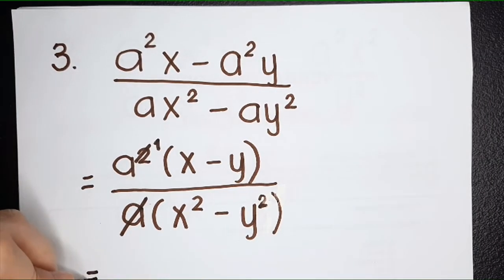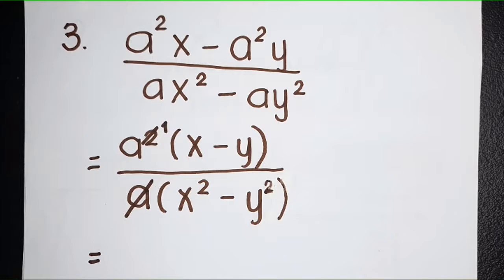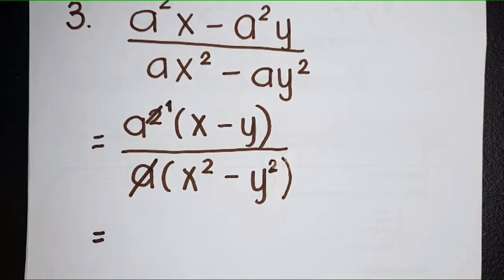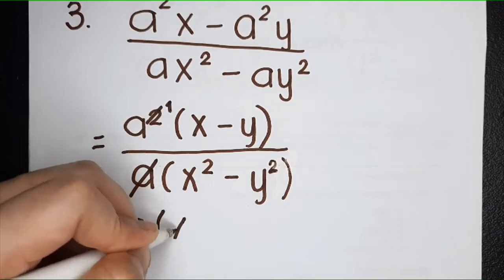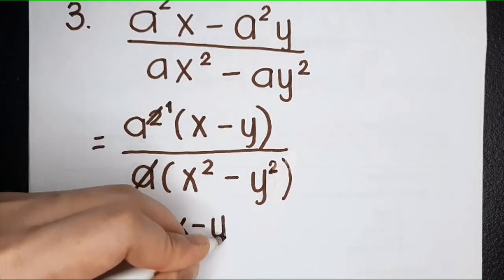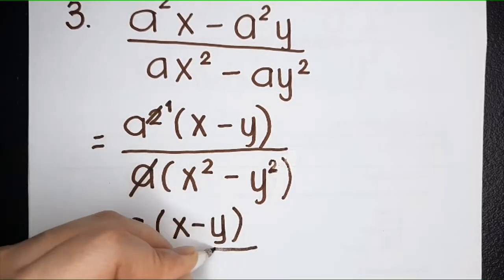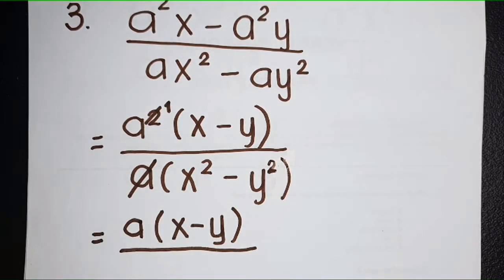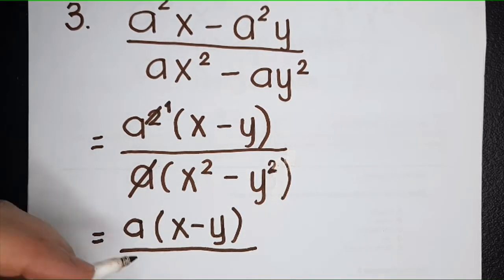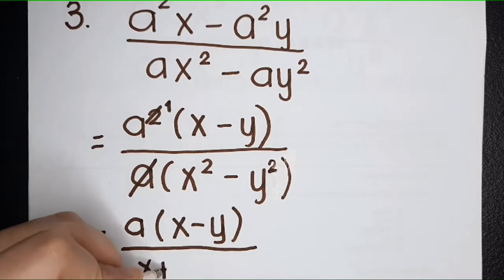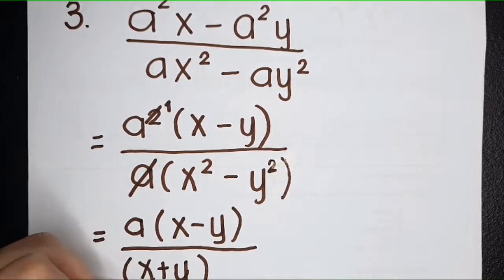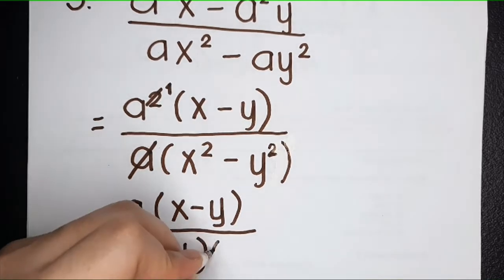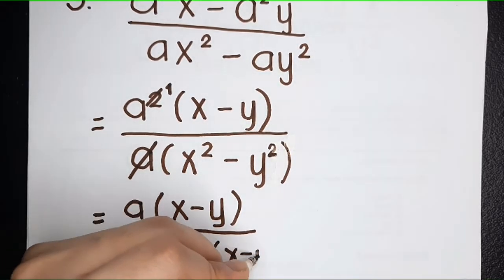So if we continue, we're going to have a times x minus y over, we factor x squared minus y squared, and the factors are x plus y times x minus y.